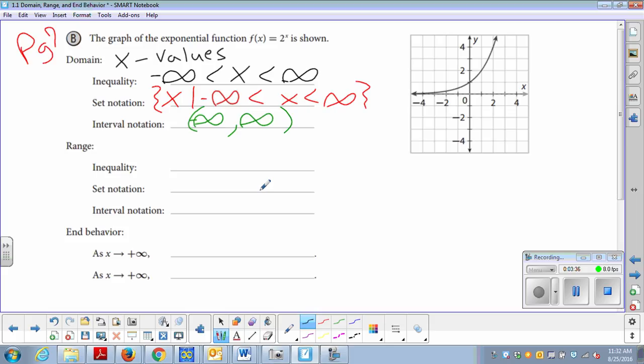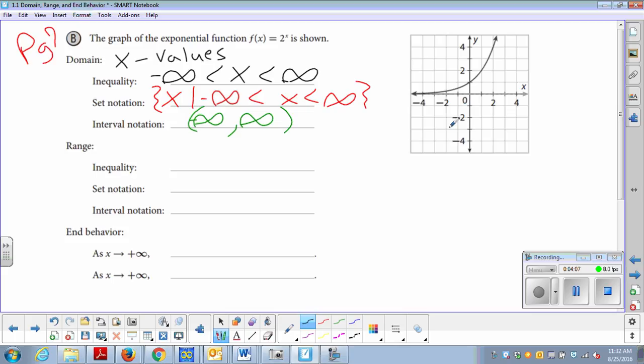Okay, now we're going to take a look and see what happens with the y. With y, the range, y goes up and down. As we go from 0 and go up, we can tell that y is going to continue on forever, so it's going to be infinity that way. But as we go from about 0 coming down, we can tell that this line is not going across the x-axis. So it's not going below that. It's not going to be negative.